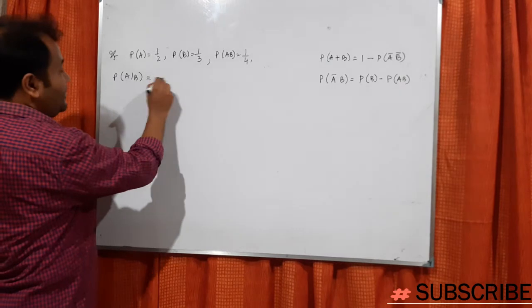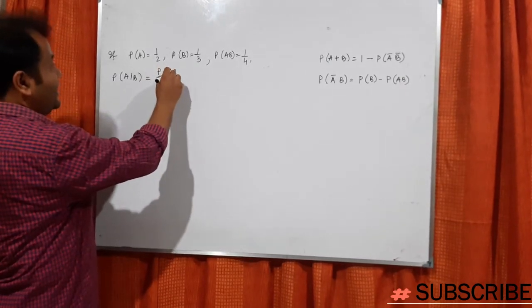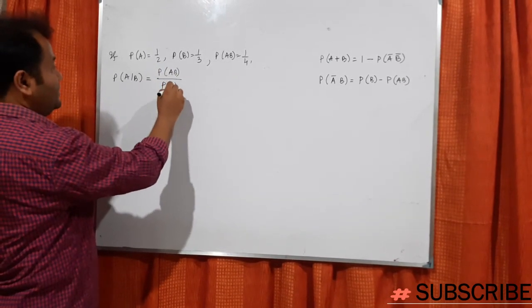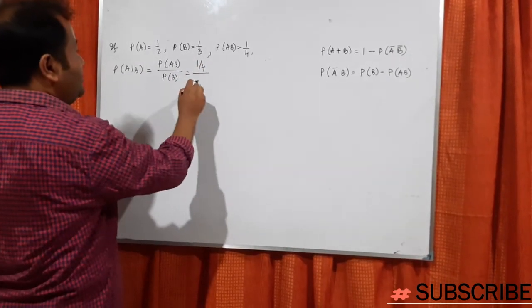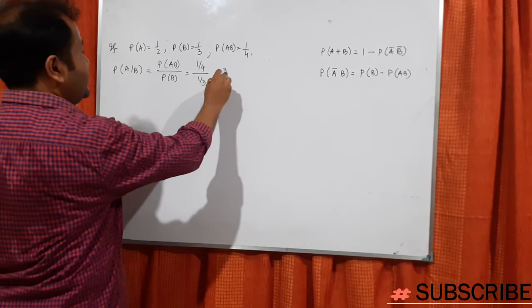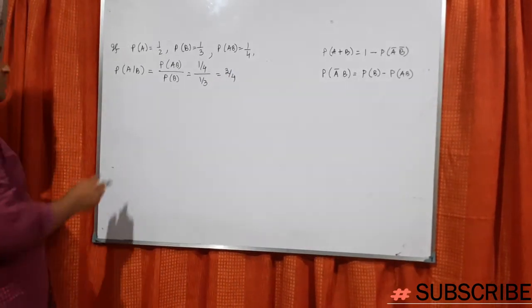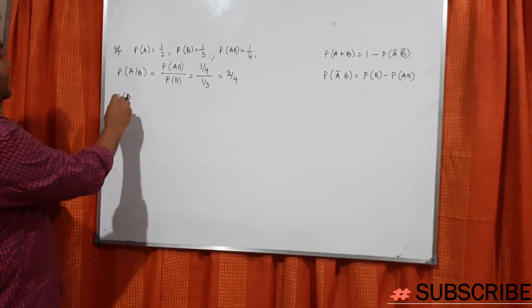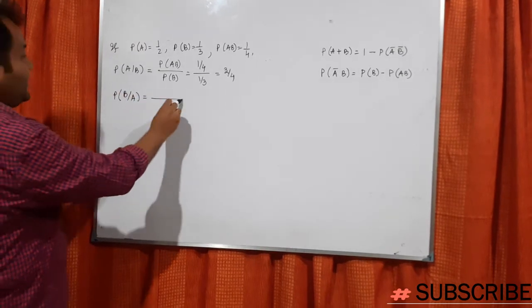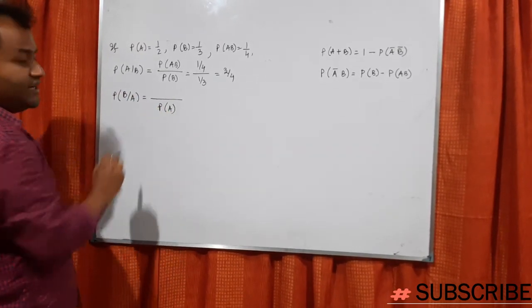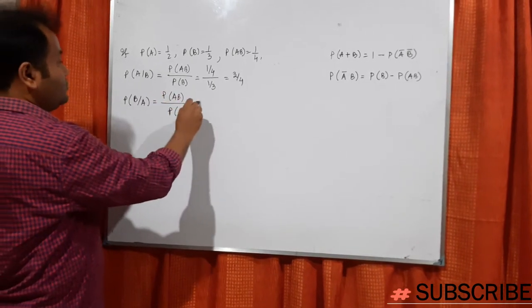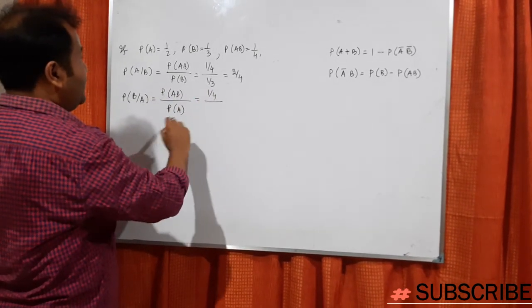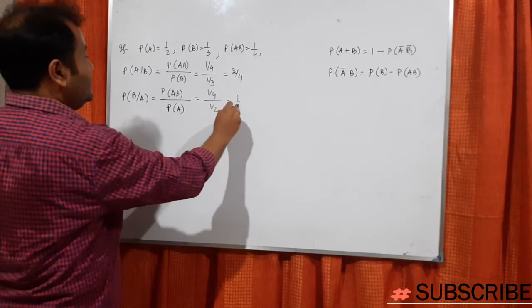It is divided by B, so it should be P of AB divided by P of B. Now P of AB means 1/4 divided by P of B means 1/3, so it is basically 3/4. P of B by A means probability of A should be there in the denominator, and it should be P of AB. So that is basically 1/4 divided by half, so basically half.